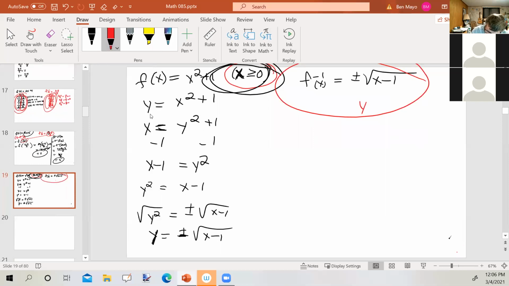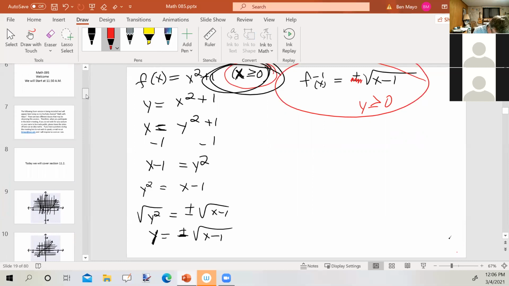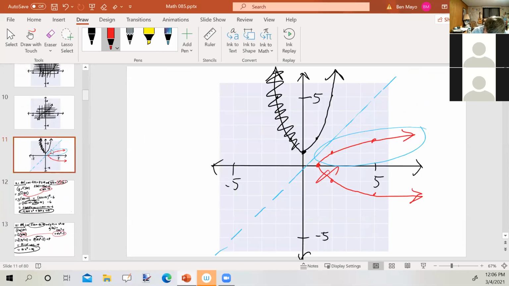It would be y is greater than or equal to 0, which would have the effect of getting rid of that minus and getting rid of this piece. And voila, you've got a function that's 1-to-1, its inverse, and they're symmetric about the line y equals x, okay?